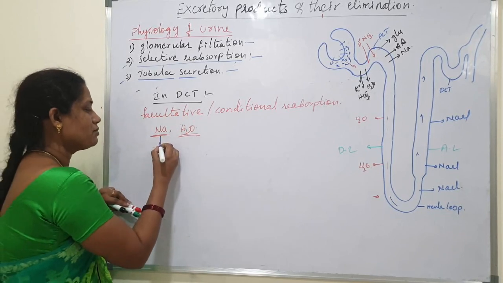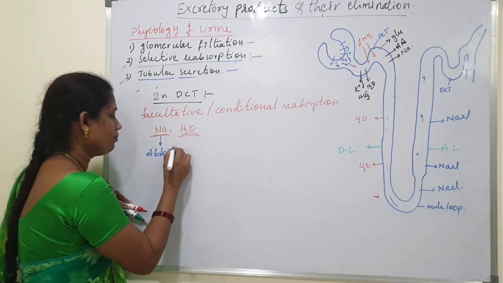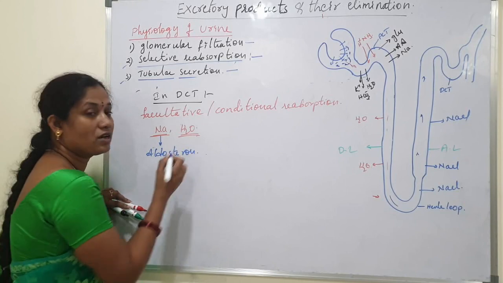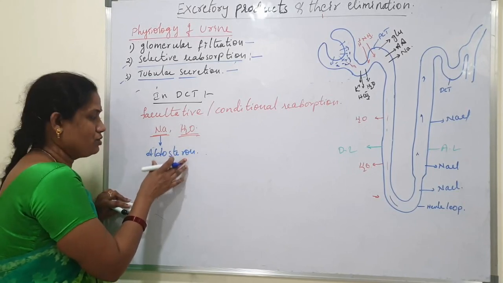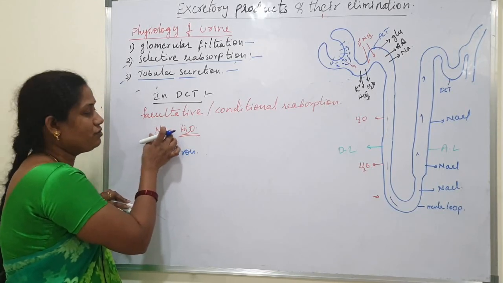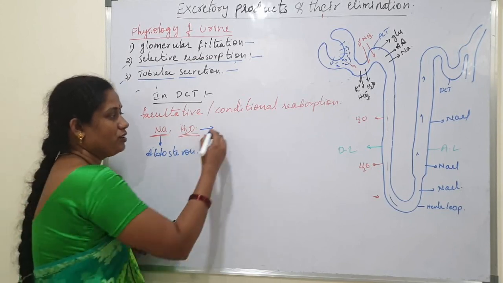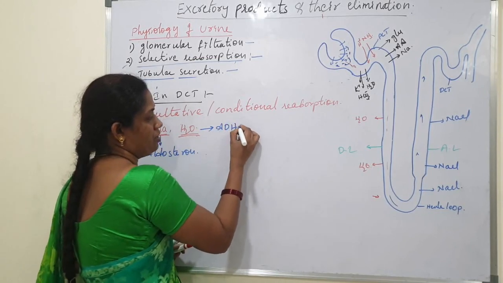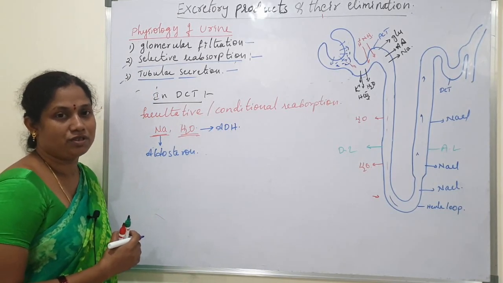The reabsorption of sodium is influenced by the aldosterone hormone, which is secreted from the adrenal gland. At the same time, water reabsorption is influenced by ADH, the antidiuretic hormone, secreted from the pituitary gland.